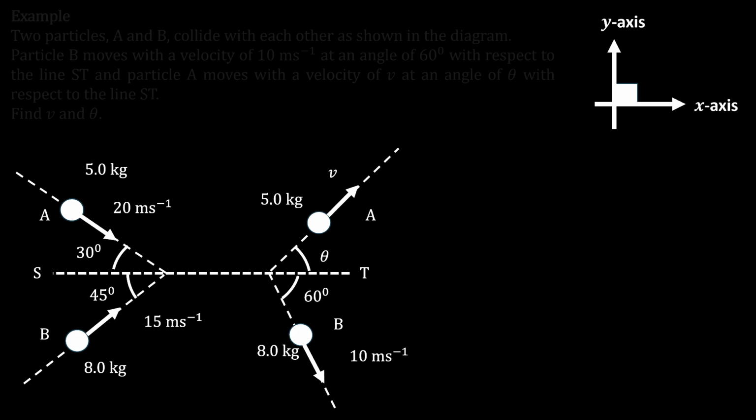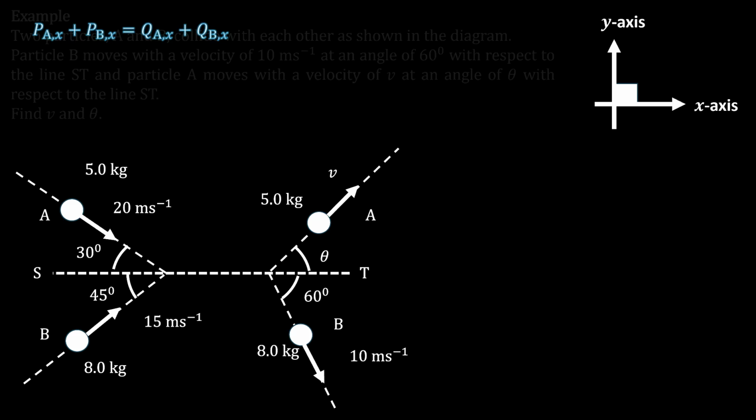Let's start along the x-axis, and we have PAX plus PBX is equal to QAX plus QBX, where the P's are the initial momenta and the Q's are the final momenta. The subscript X means we are dealing with the components of the momentum along the x-axis.